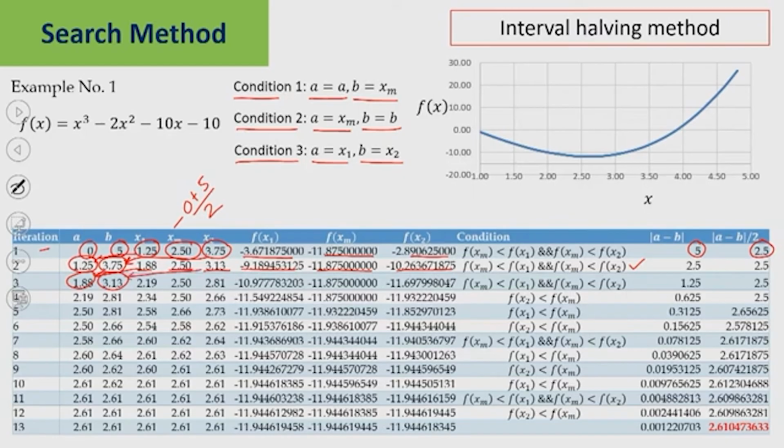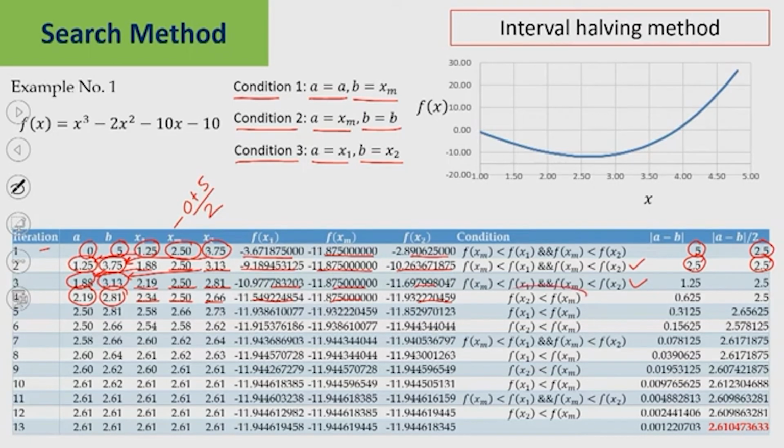Now again you calculate the absolute value of A minus B and the optimal solution. In the third iteration again you calculate x 1, x m, x 2, then the function value, and see which condition is true. In this case also the third condition is true, and accordingly you get the new A and B value. Again you calculate x 1, x m and x 2 and the function value, and in this case the second condition is true.